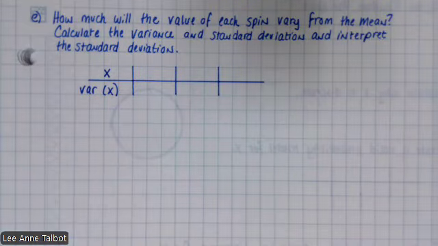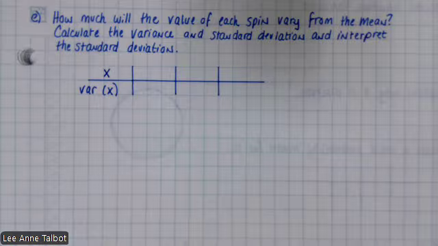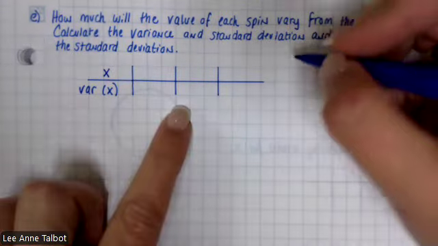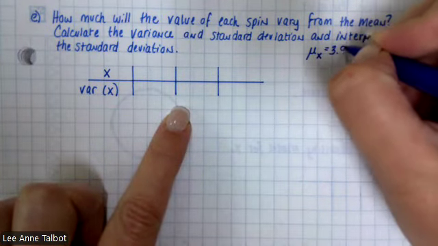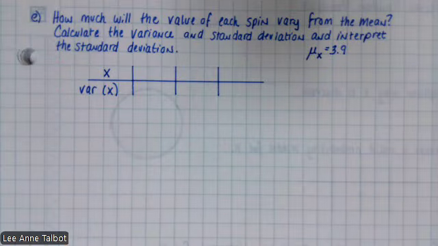If you forgot what variance is, it's just what you get right before you square root, so it's standard deviation squared. From our previous problem, the mean was 3.9.